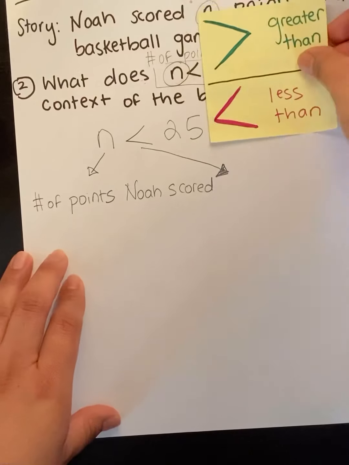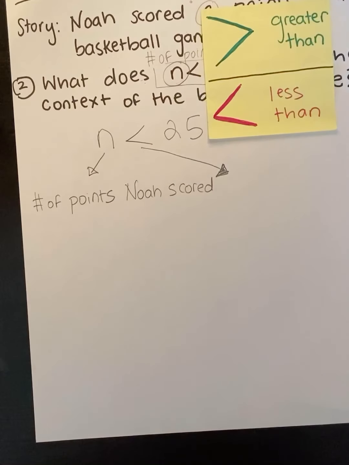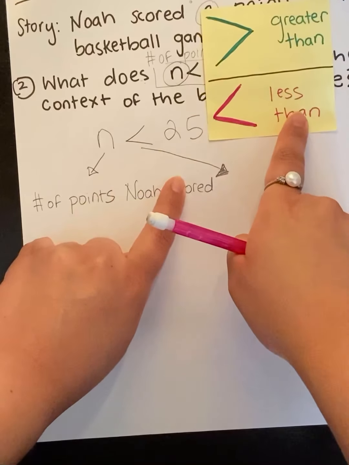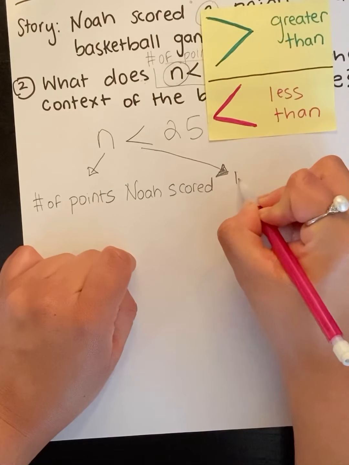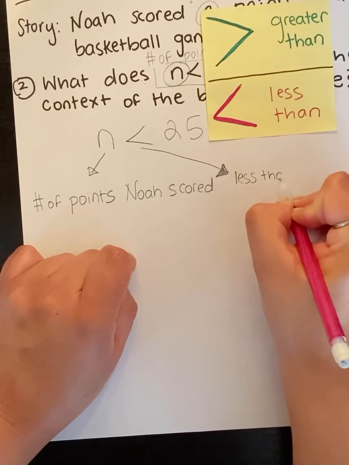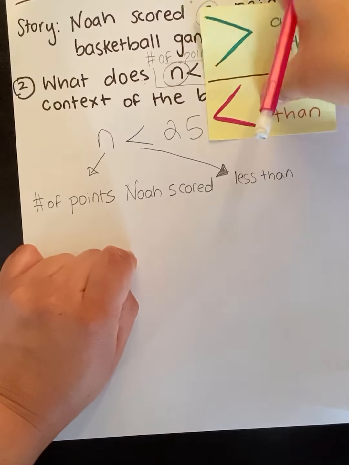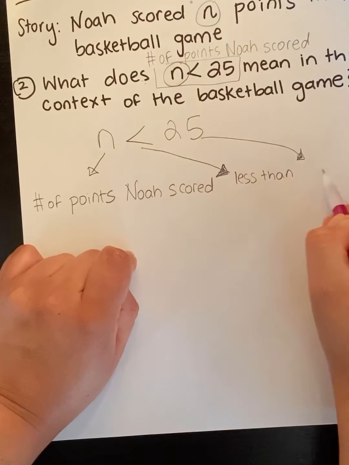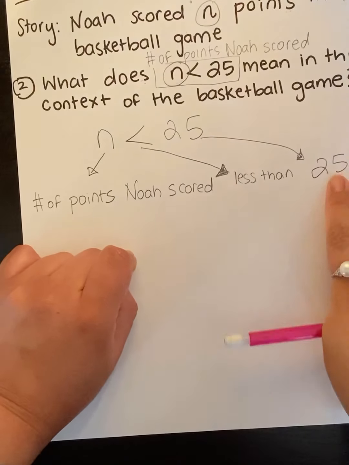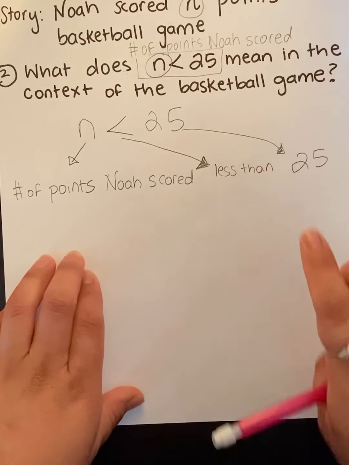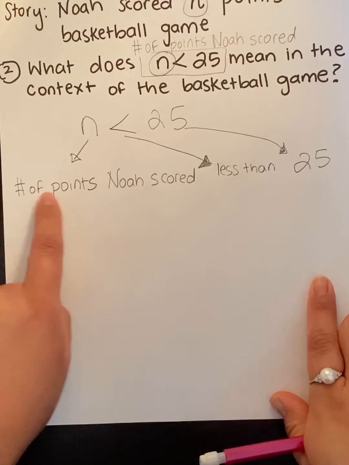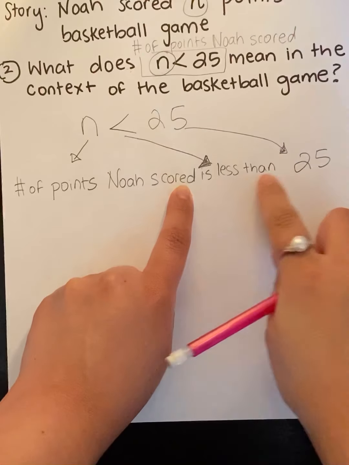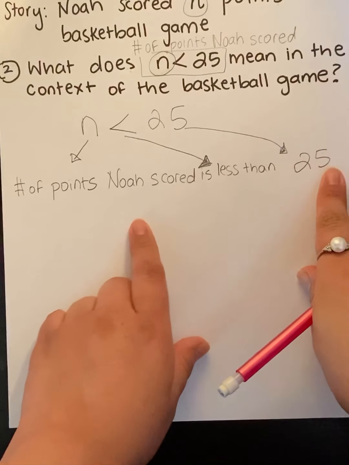Again, I have my Post-it if we need a little bit more help remembering what the inequality means. And it means less than. So I am going to write less than. And my third part is the number 25, which just gets rewritten as 25. So I have number of points Noah scored is less than 25.